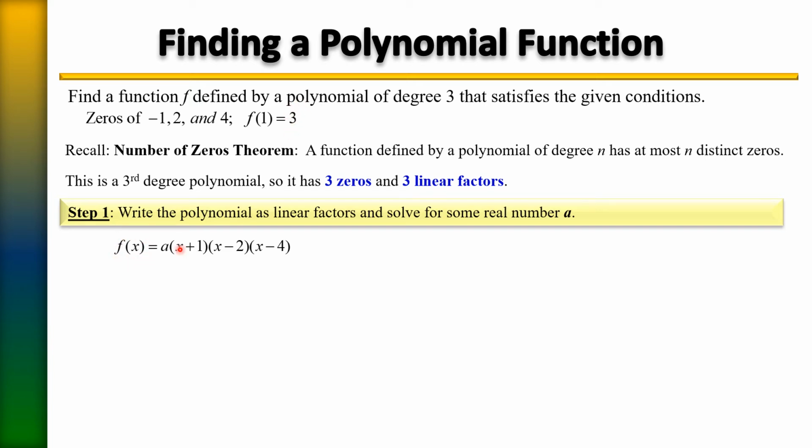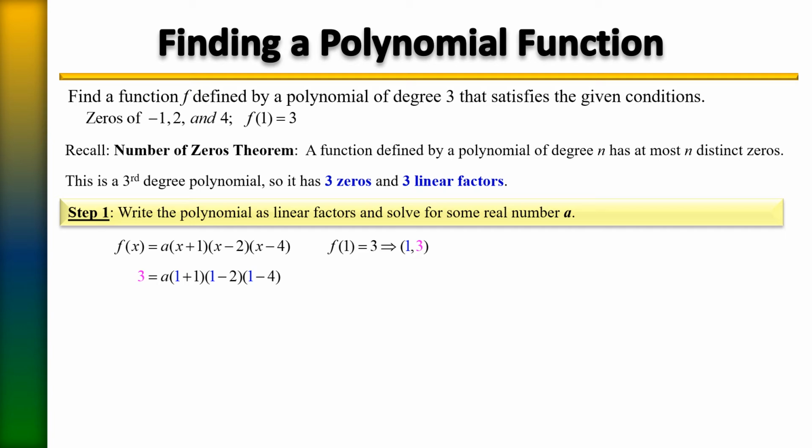Our x value is 1 because the input is 1, so we replace x with 1. Everywhere you saw an x, we replaced it with 1, and everywhere we saw f of x, we replaced it with 3, the given y value.